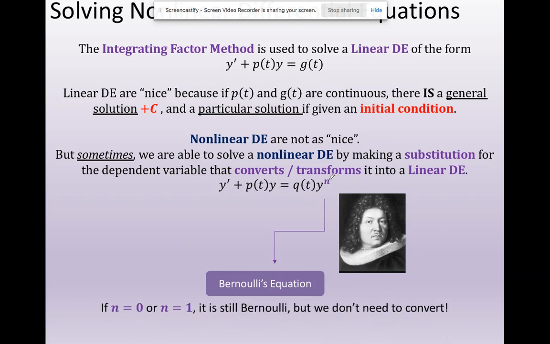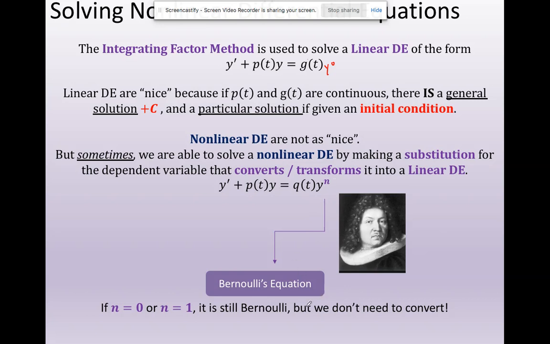Now, if this power on y is either 0, so you have a constant, or 1, we still have a Bernoulli's equation, but we don't need to convert it. It's just that it has a y to the 0 here, or a y to the first, so I'm still dealing with a linear differential equation. I don't need to convert it, just use the integrating factor method.